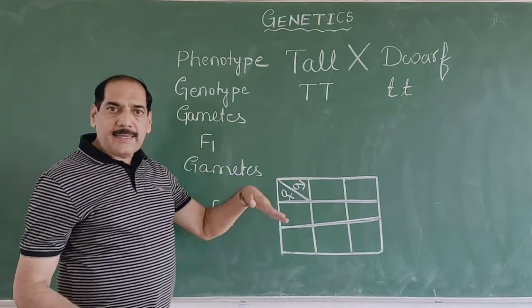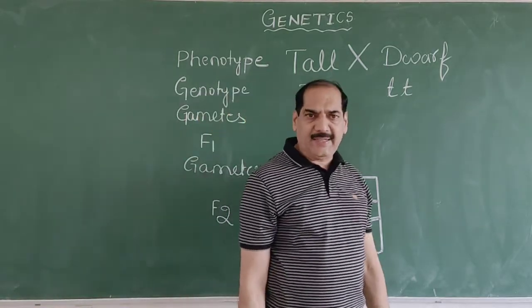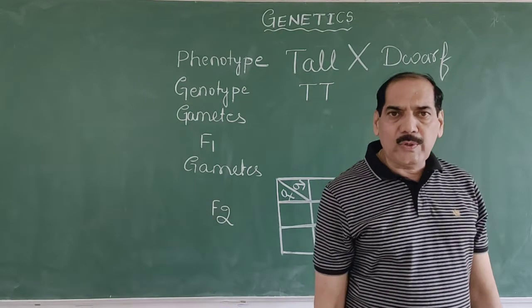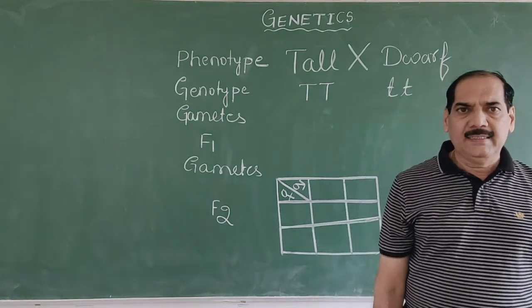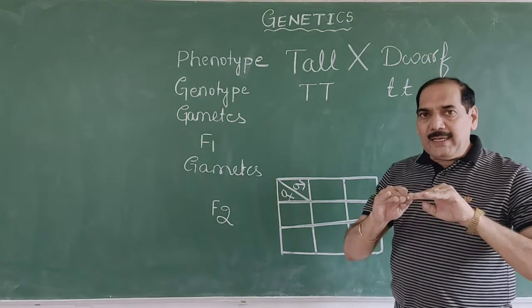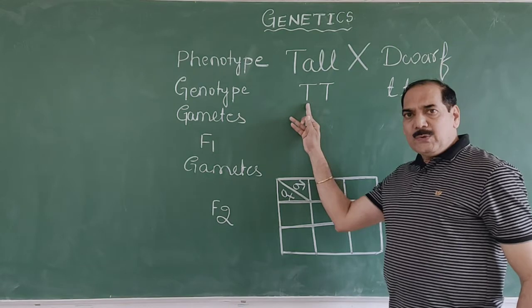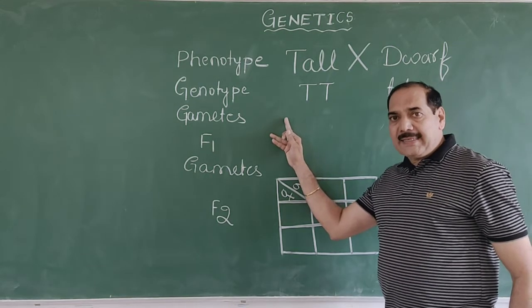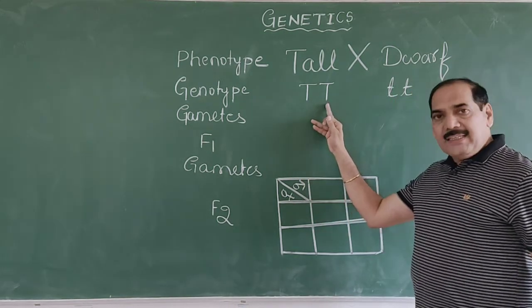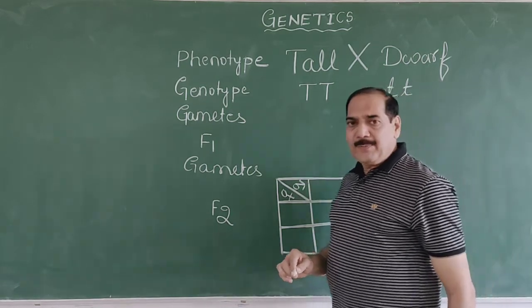And during gametogenesis, which means formation of the gametes, these two factors will separate. One factor will go to one gamete, another factor will go to the other gamete.